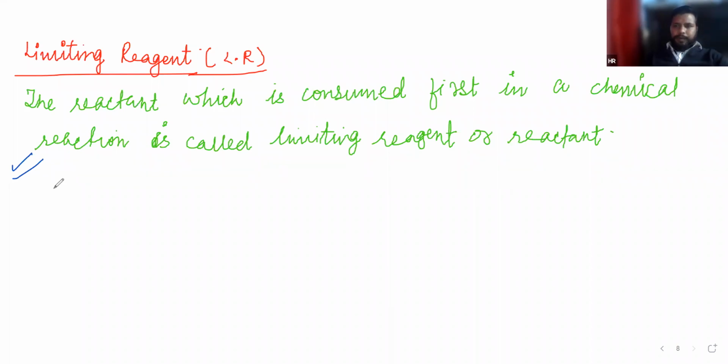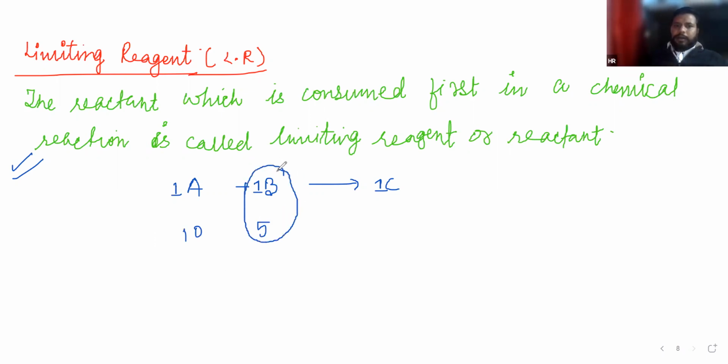Done. Just see, if A is reacting with B to give C, 1 mole of A reacts with 1 mole of B to give 1 mole of C. Everyone is okay with this? Now, if I have 10 mole of A and 5 mole of B, then what will happen?